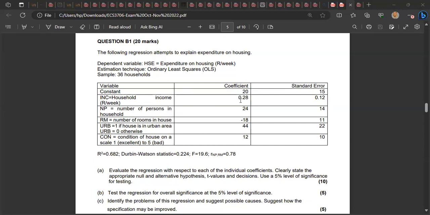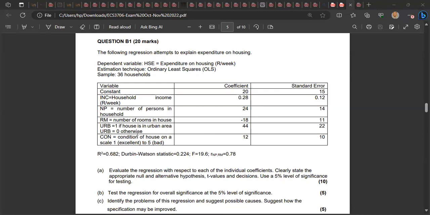And then we have that coefficient there of 0.28, and then NP, number of persons in the household, it has a coefficient of 24, and then RM, the number of rooms in the house, it's minus 18, and then URB, 1 if the house is in an urban area, and then 0 otherwise if it's in an area that is not an urban area.